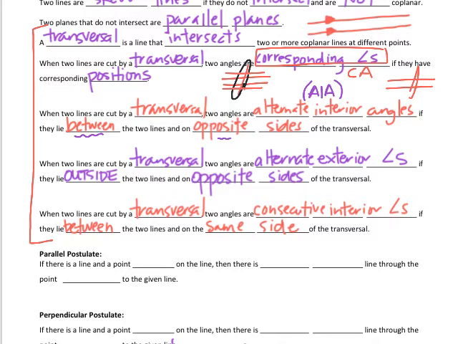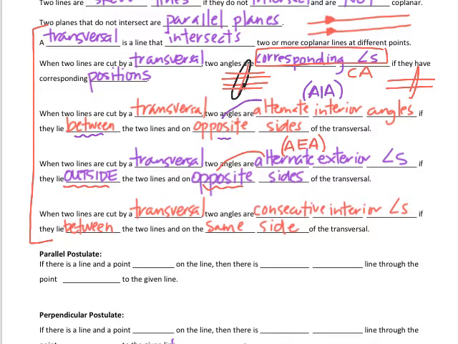And then we have the alternate exterior angles, and I usually abbreviate that with AEA, again, just so we don't have to write it all out each time. And these are the angles that lie outside the two lines, but on opposite sides of the transversal. So the word opposite and the word alternate, if you can remember, the word opposite just means kind of a replacement word for the word alternate.